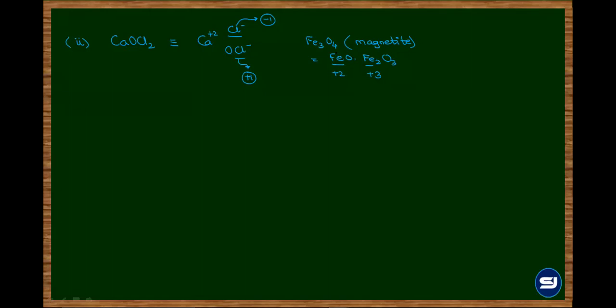And if you calculate the oxidation number directly, you would get 3x minus 8 equals 0. So x will be equal to +8/3. But can the oxidation number be fractional? Yes, but this fractional oxidation number would always refer to the average oxidation number. It is not the real oxidation number.